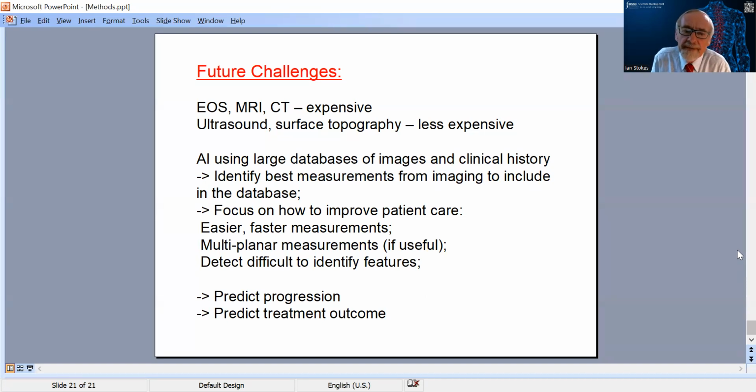But ultimately, I'm proposing that the major goal we should focus on is predicting progression, and that would allow us to predict treatment outcome and identify patients who would benefit from early intervention.